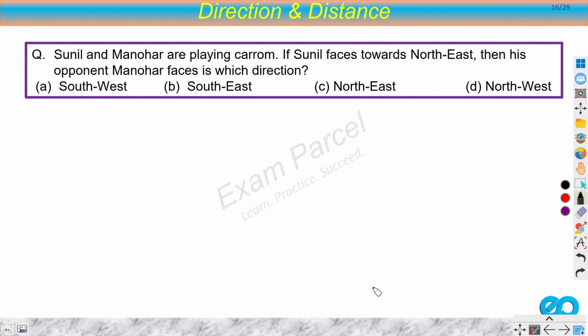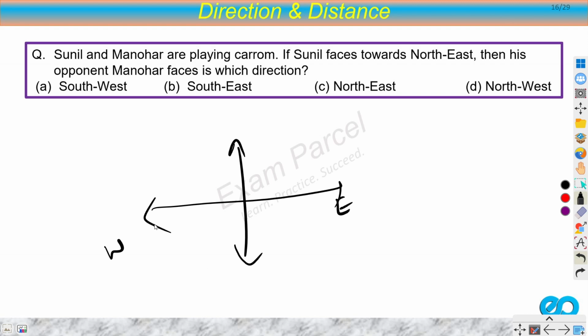Sunil and Manohar are playing carom. If Sunil faces towards northeast, then his opponent Manohar faces in which direction? Again, an easy question. East, west, north, south. Sunil faces this direction, northeast.